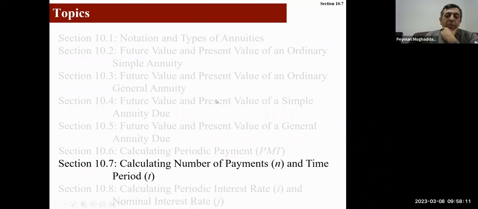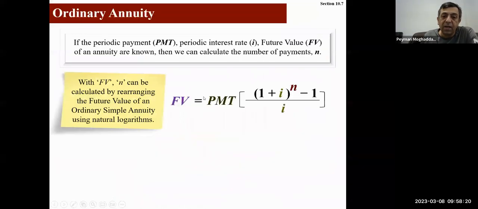All right. So now in this section, we're going to discuss how to calculate the number of payments and time period. So far, we go to the same equation, the future value for an ordinary simple annuity.